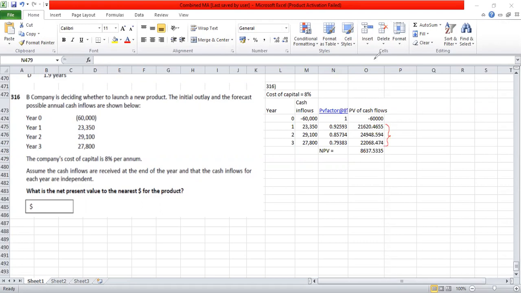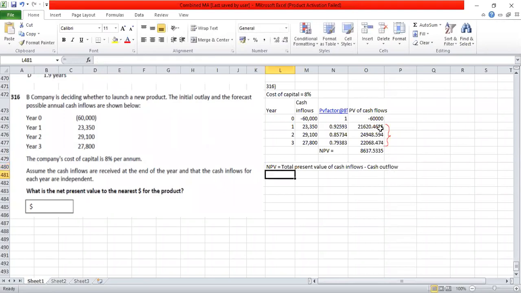I'll write the formula here for your better understanding. Net present value is equal to total present value of cash inflows minus cash outflow.